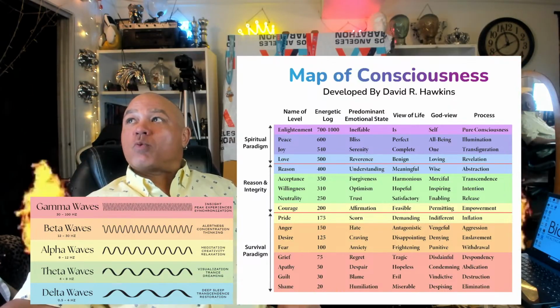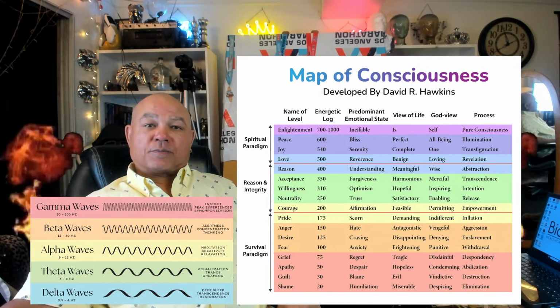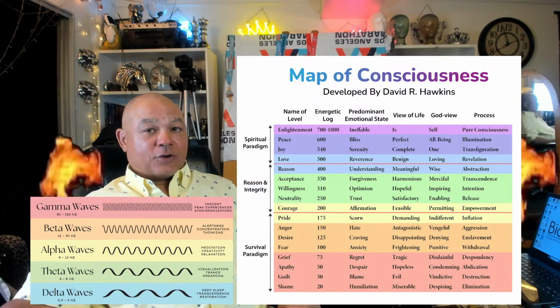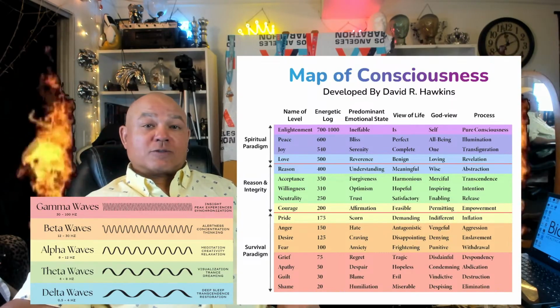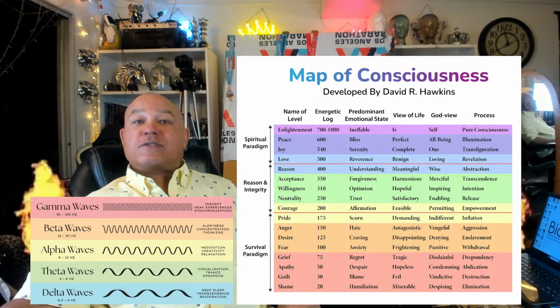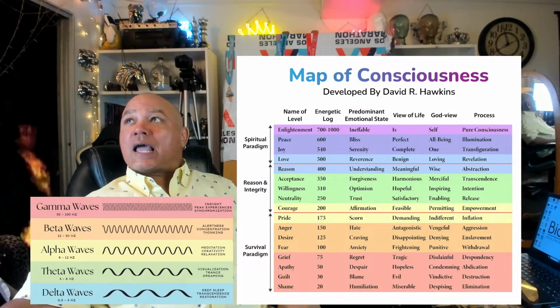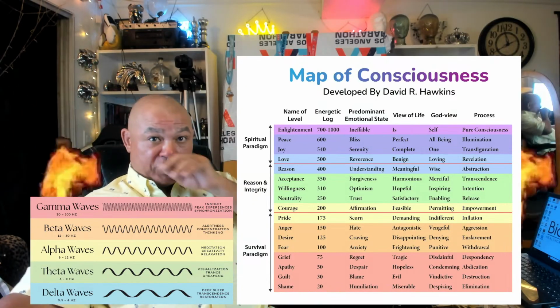And the process is one of transfiguration. Now above that is peace, and that's inner peace. Okay? With an energetic log of 600. And the predominant emotional state is one of bliss. Their view of life is that life is perfect. Their God view is all being. And their process is one of illumination.